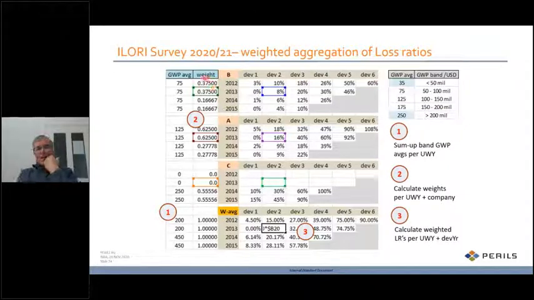Then, when we have these weights, we can calculate the weighted average of the loss ratios of the companies.